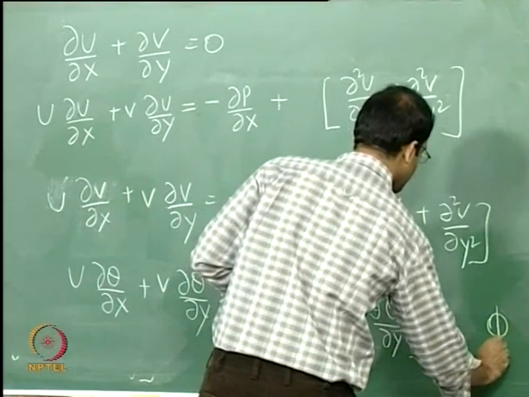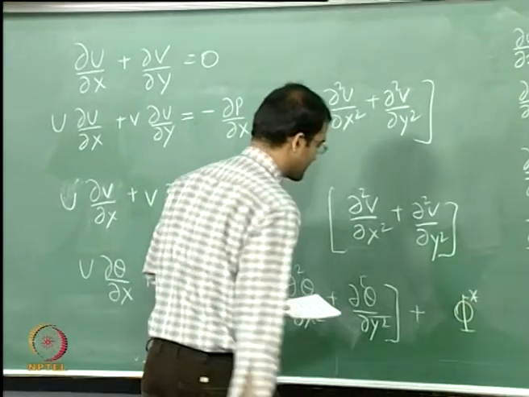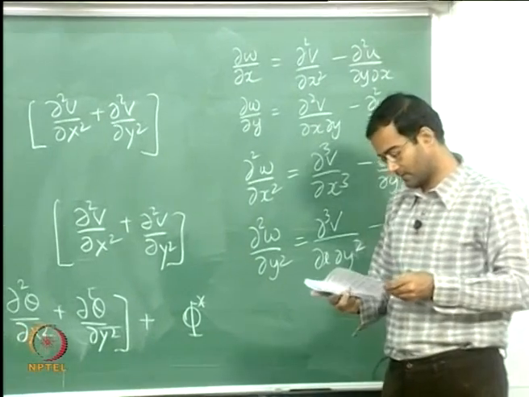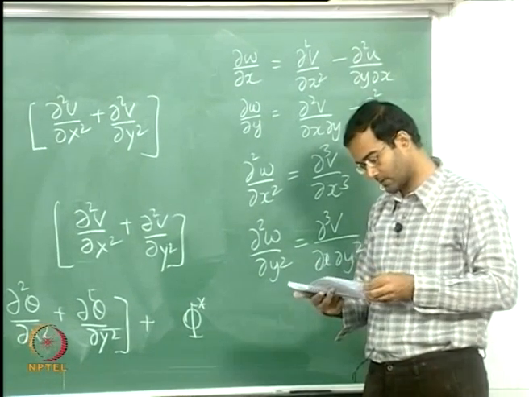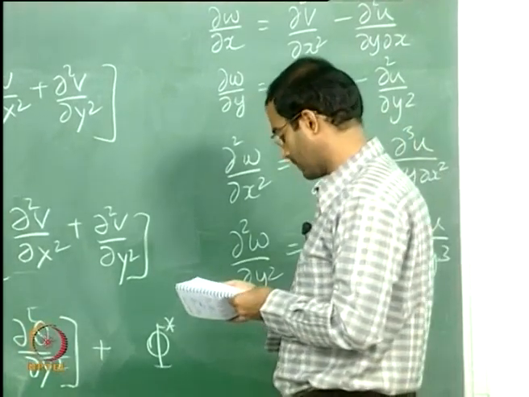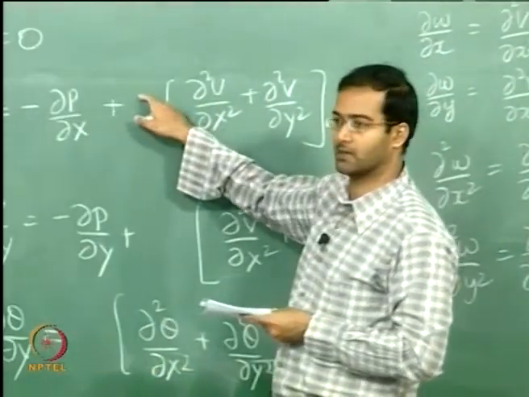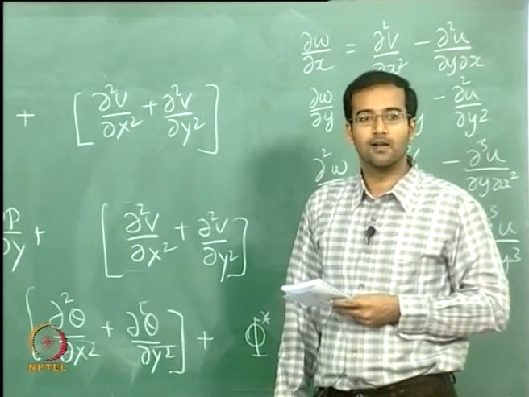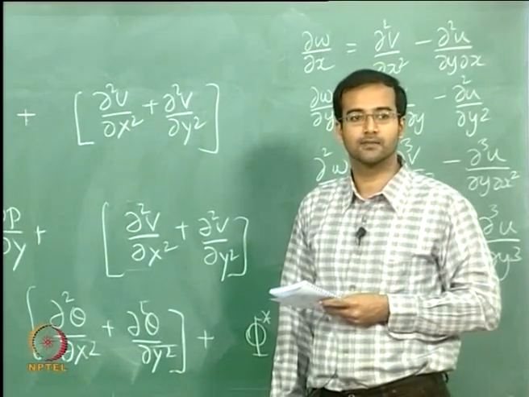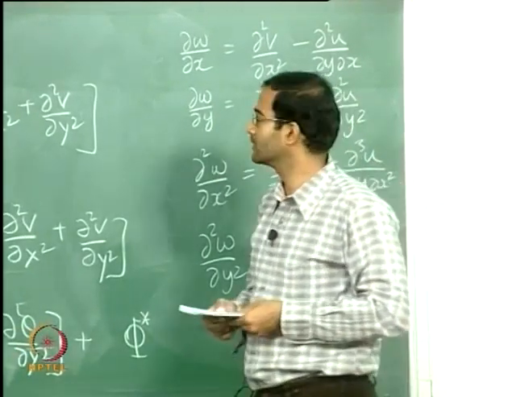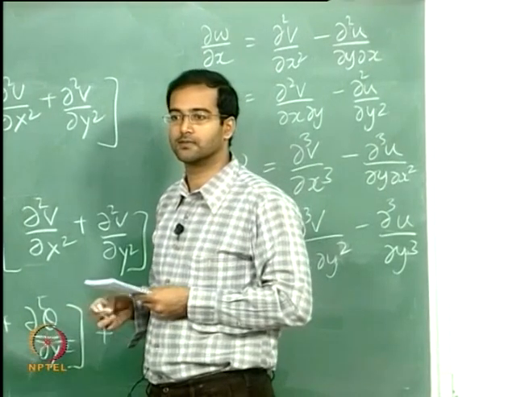plus I am going to introduce a non-dimensional viscous dissipation V star. So you have to fill in the blank, what are the terms that are going to appear here. So what should be the term right here? Reynolds number. So if your Reynolds number is very large, what happens?